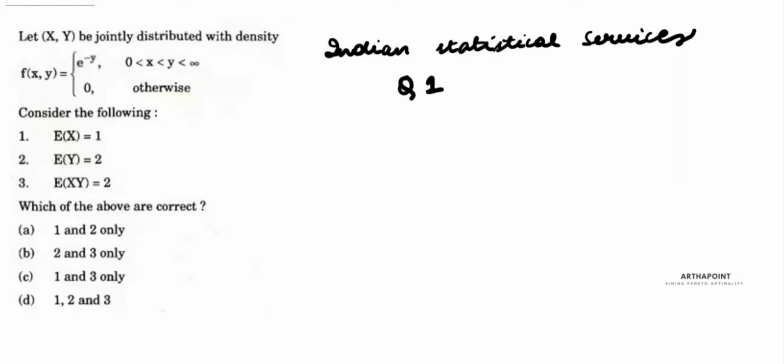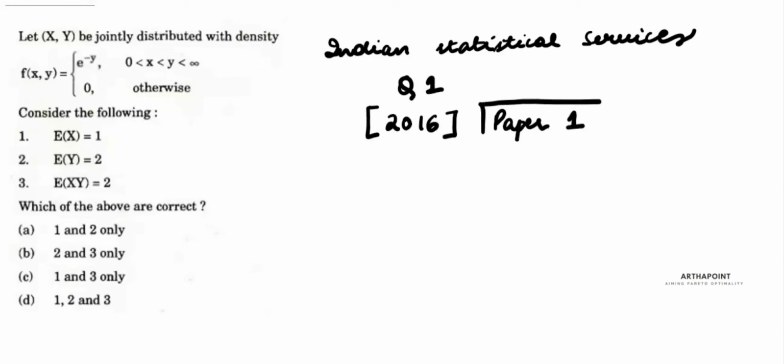Question 1, year 2016, paper 1. Let us see what this question is saying. It says that you have a jointly distributed function given to you.